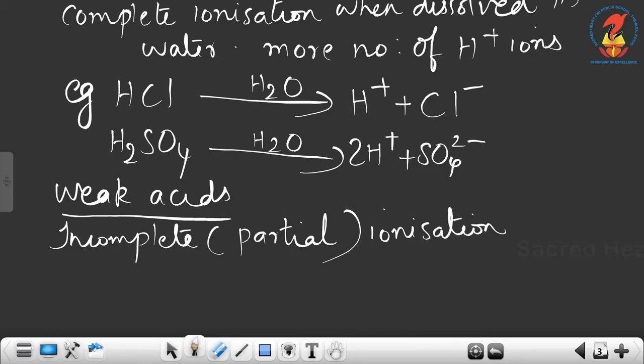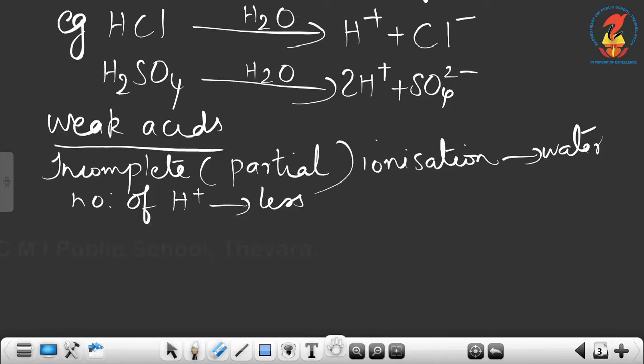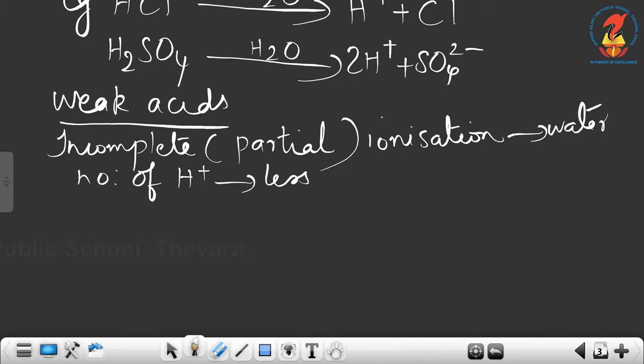In water, that is very important, when dissolved in water. So, incomplete or partial ionization, and the number of H plus ions will be less. They produce less number of H plus ions when they are dissolved in water. Let's see the examples.